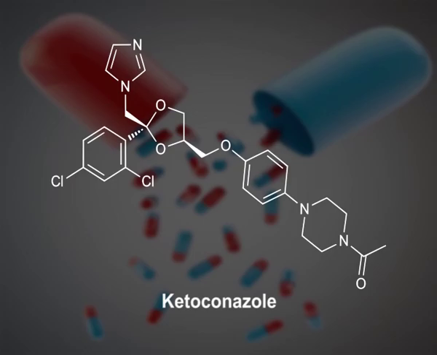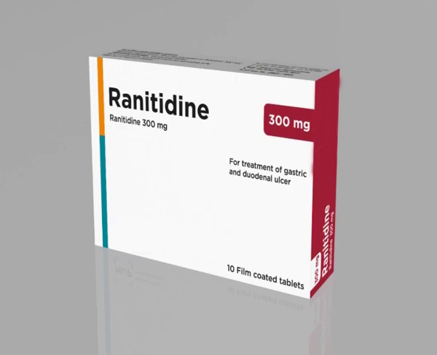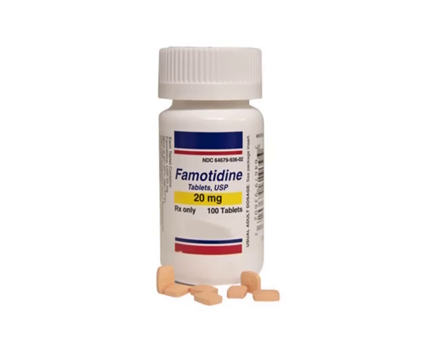Changes in intestinal pH may profoundly affect drug diffusion as well as dissolution of the dosage form. For example, the absorption of ketoconazole is reduced by the co-administration of antacids or H2 blockers like ranitidine and famotidine that reduce the extent to which the ketoconazole tablet is dissolved.